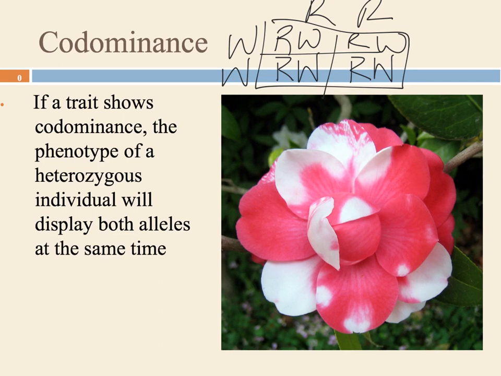And this is what we refer to as codominance. Both traits are equally dominant to each other. Not one of them is more dominant than the other. So when codominance is present, you're going to see both traits in a heterozygous individual. So notice all of the flowers from this cross, if it was an example of codominance, would show this red and white pattern that you see here for this flower.